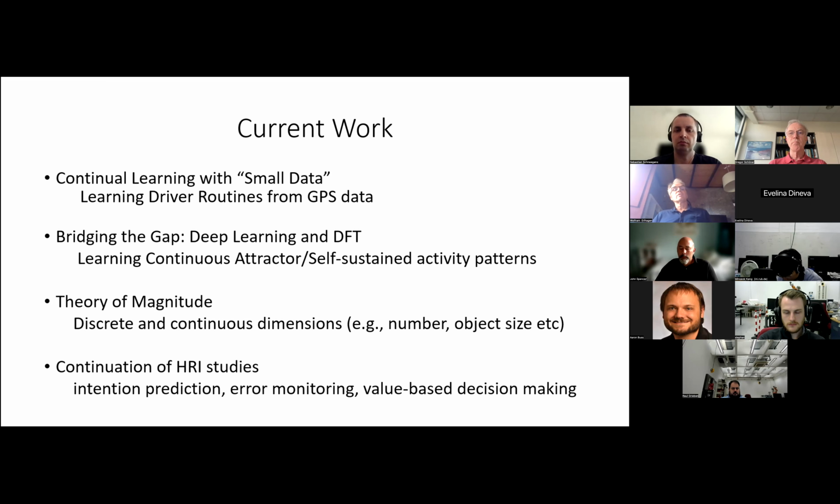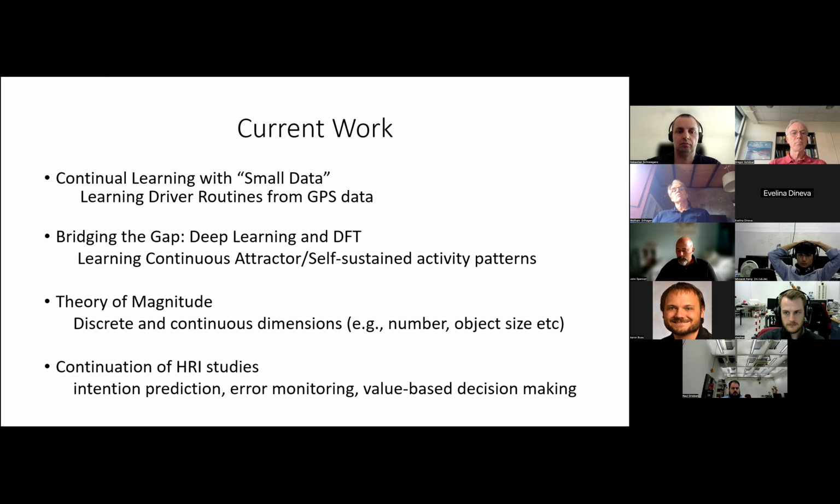We also have some work on a theory of magnitude. We were interested in using the integrator model to model discrete and continuous dimensions, like the sense of number and object size. The idea is to map accumulated activity on space, to have something like a number line.